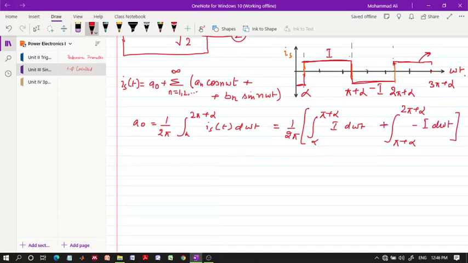It should come out to be 0. Now I'm just leaving this derivation to you. It is pretty simple, because I will come outside, and this d omega t will become omega t by integration.